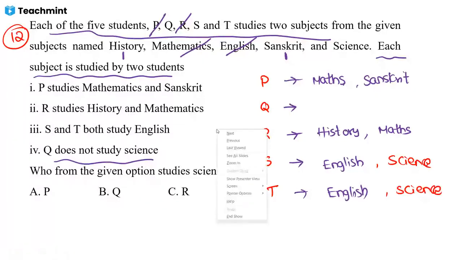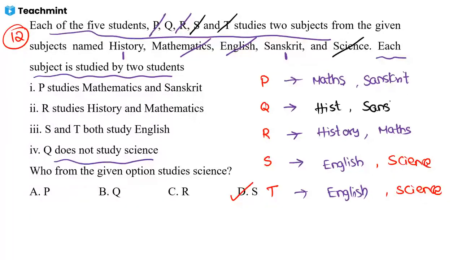So what about Q? S slot also booked, right? Science also booked, S also booked, T also booked. Now Q: history one, Sanskrit one. So Q is going with history and Sanskrit. Good question, right? Solid question.